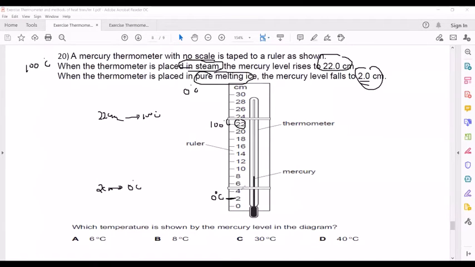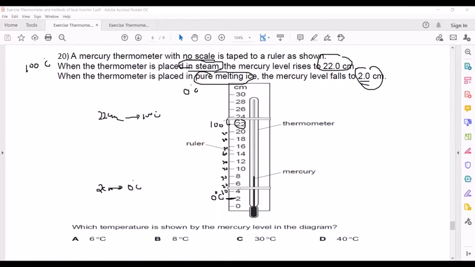So from 2 to 22 centimeters, if 100 degrees are spread over it, each 2 centimeters represents 10 degrees. So this one is 10, 20, 30, 40, 50, 60, 70, 80, 90, and that is 100.